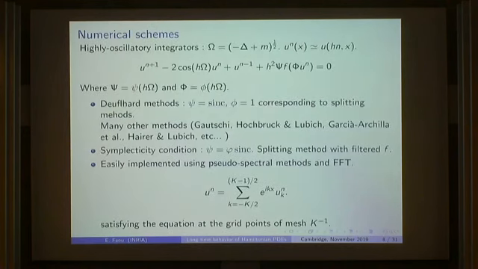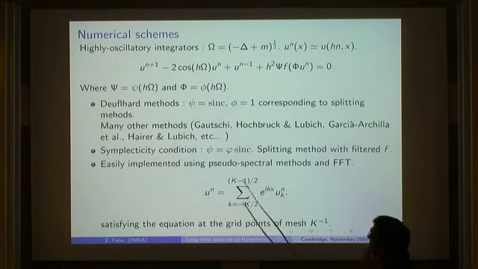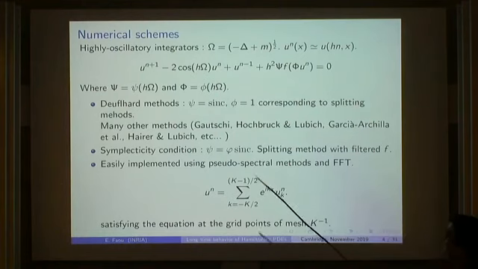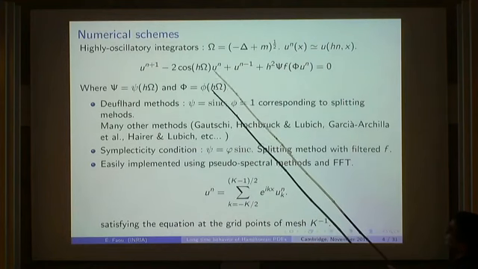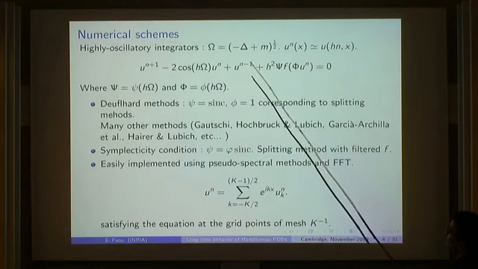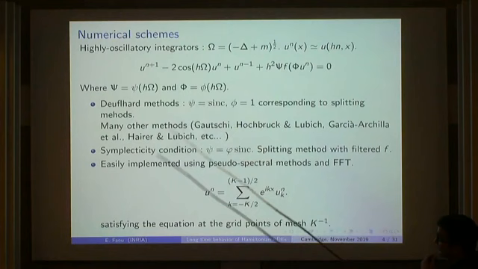Okay, so this technique allowed us to improve some known results for the long-time analysis of numerical schemes. The typical scheme you will use to implement the nonlinear wave equation is a highly oscillatory integrator.